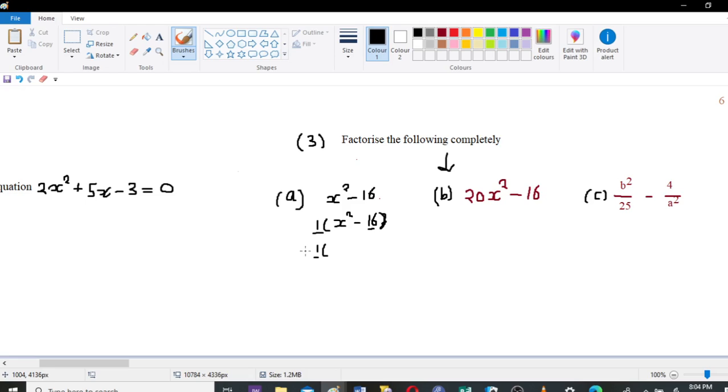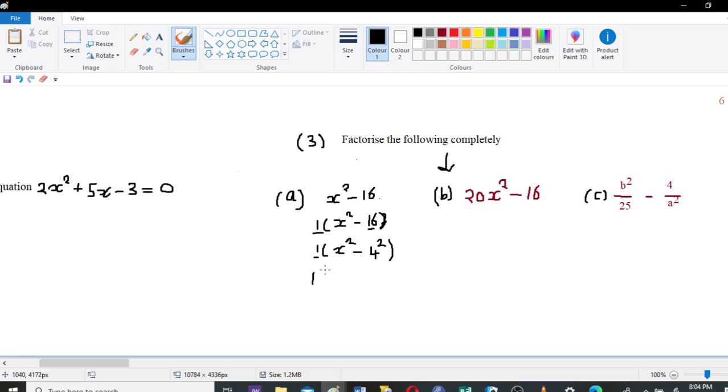You don't need to show it. So there we have x squared minus, writing 16 in index form, it can be written as 4 squared.